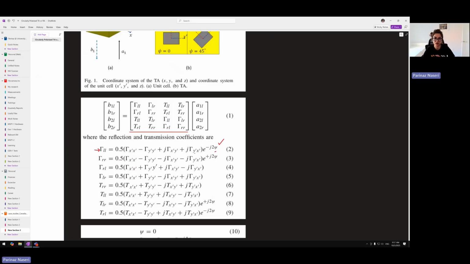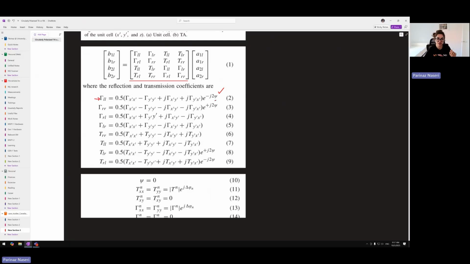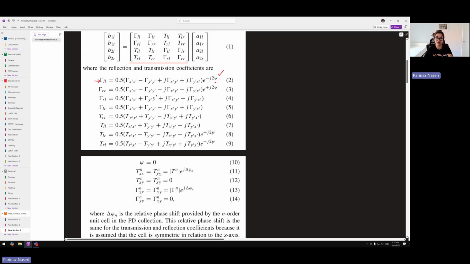So now you're like, okay, well, how is this related to what you were talking about, the phase delay, phase rotation, and so on? How is this related to it? Based on these formulas, I want to show you that we have two sets of unit cells. We have some unit cells whose transmission or reflection coefficients are equal.